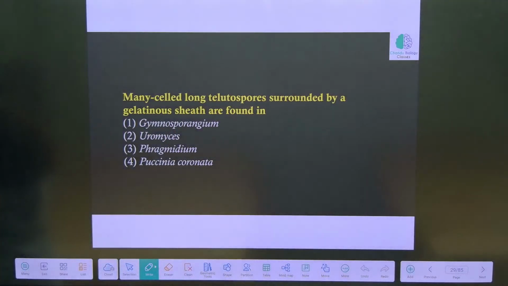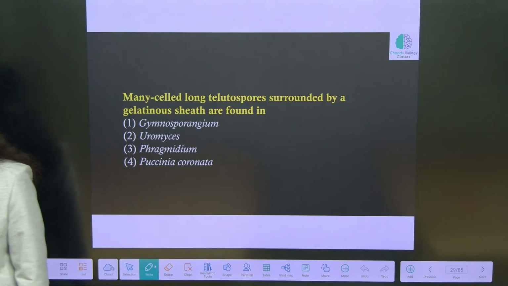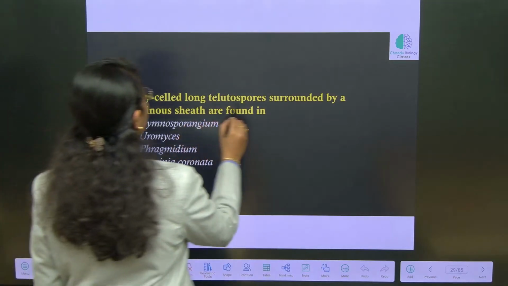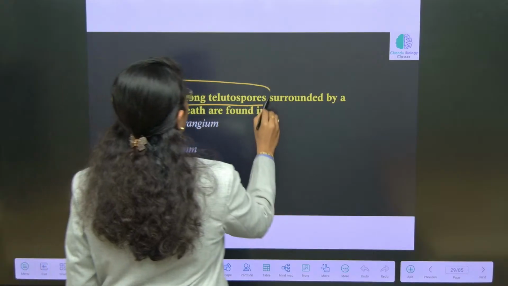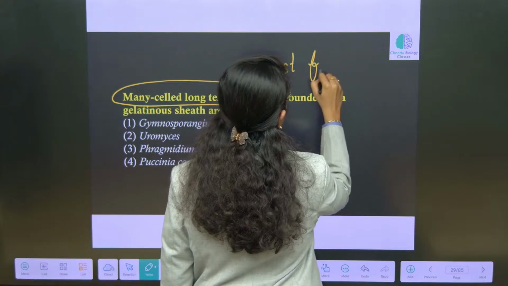Very direct question. Here we go. Many celled long teliospores, they are commonly produced by rust fungus.